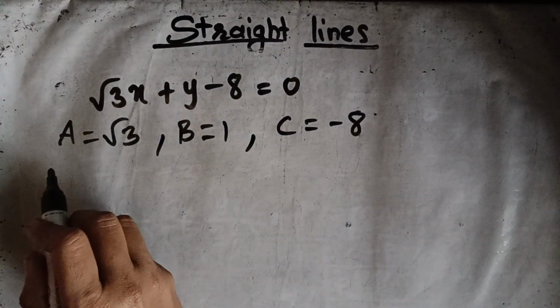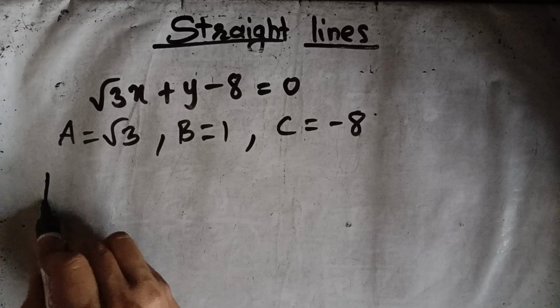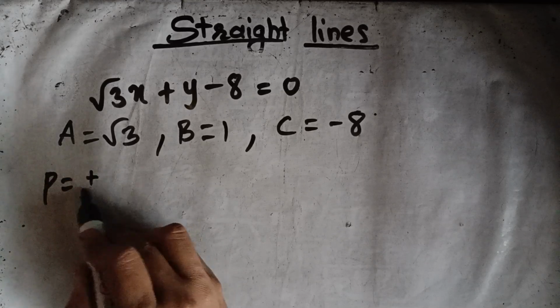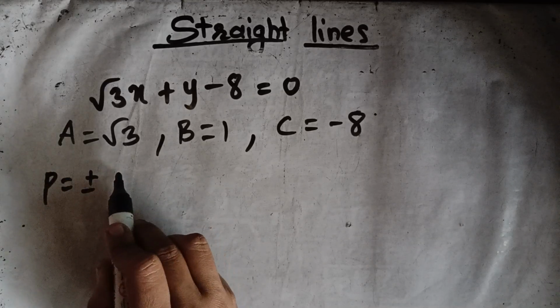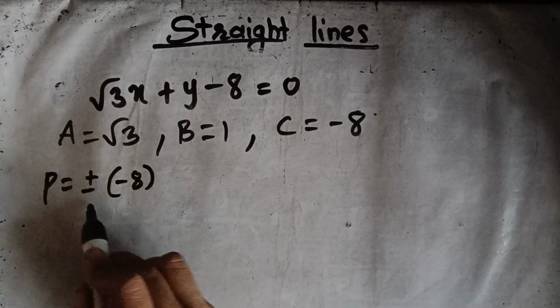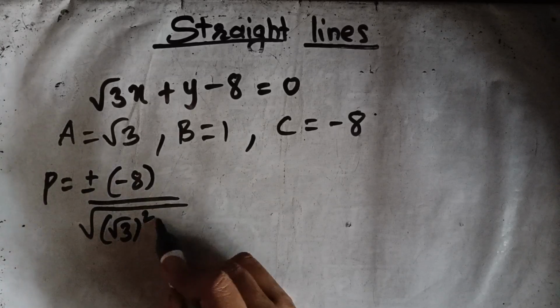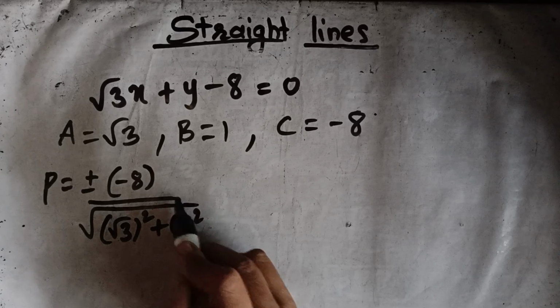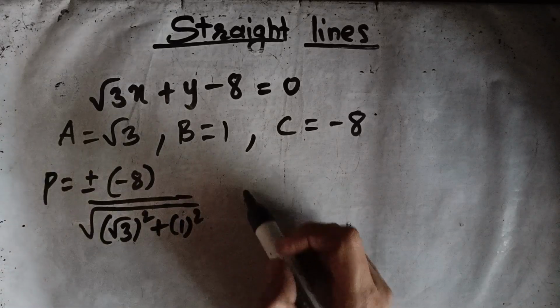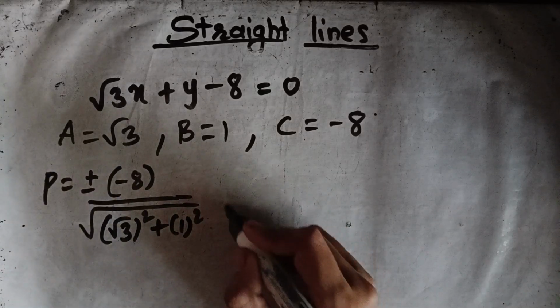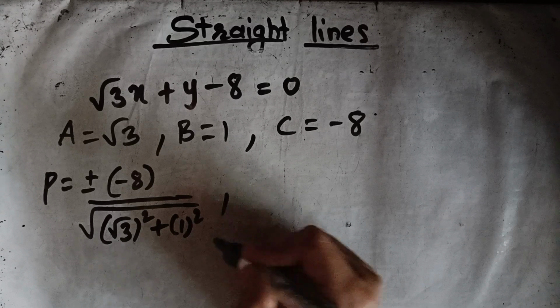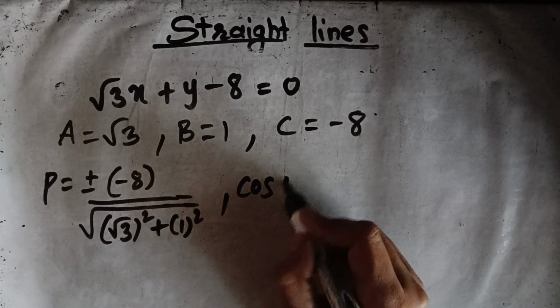So what is the value of P? P is plus or minus C upon root of A square plus B square. Then we have to write cos alpha.